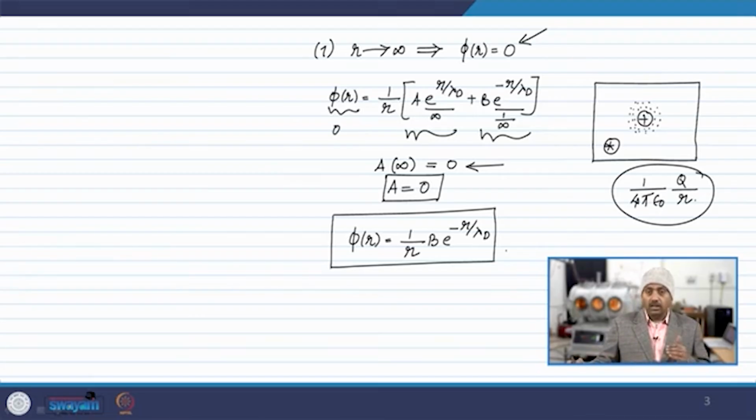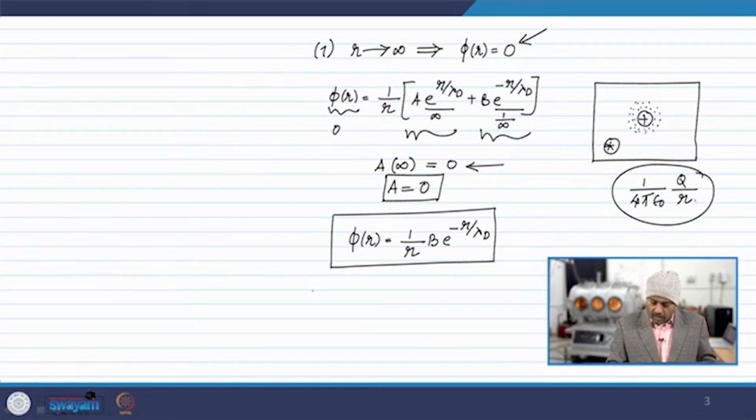So, b is still unknown for us. But we know for a fact that a has to be 0 when r tends to infinity. When r becomes sufficiently large, the constant a will tend to be 0, right. So, at that point we have b e to the power of minus r by lambda d.